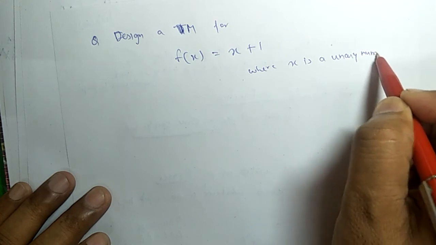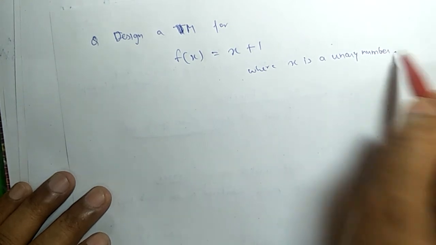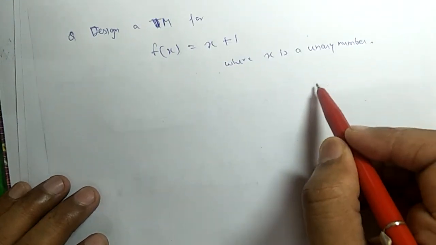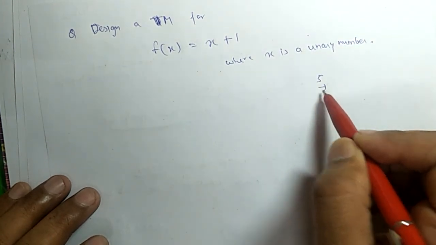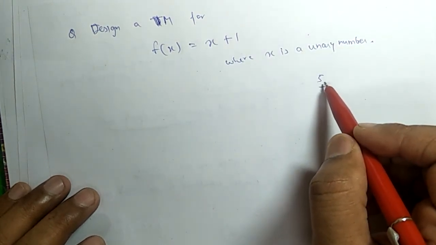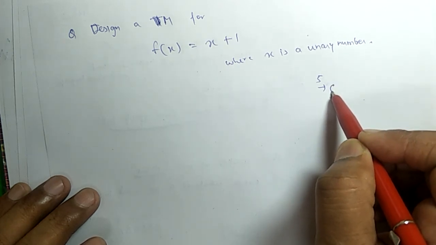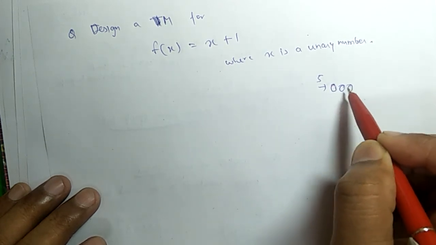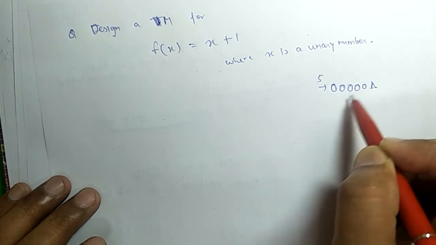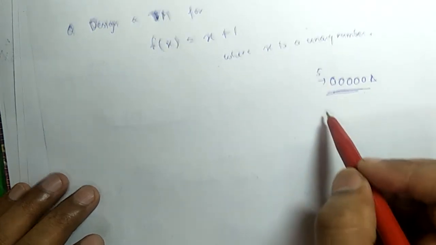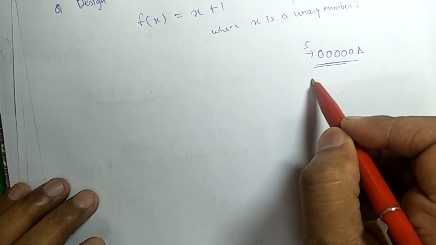Unary number means it is made of only one symbol. Suppose I have to write 5, it means that you will write 5 by using one symbol. Suppose I am writing it using 0, so it will be written as this. There are 5 zeros.